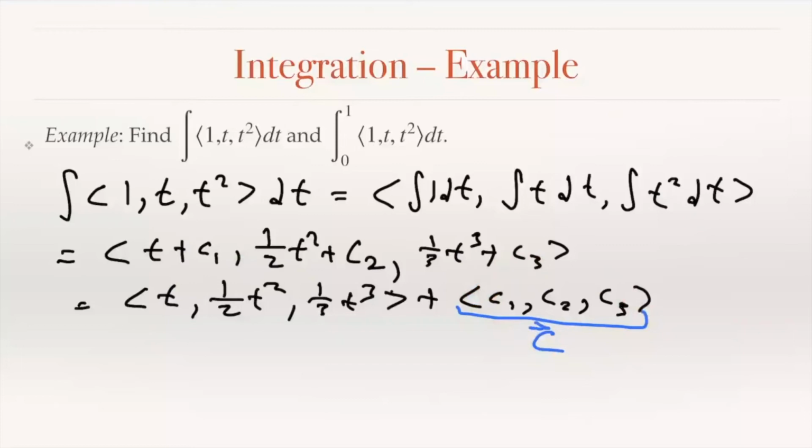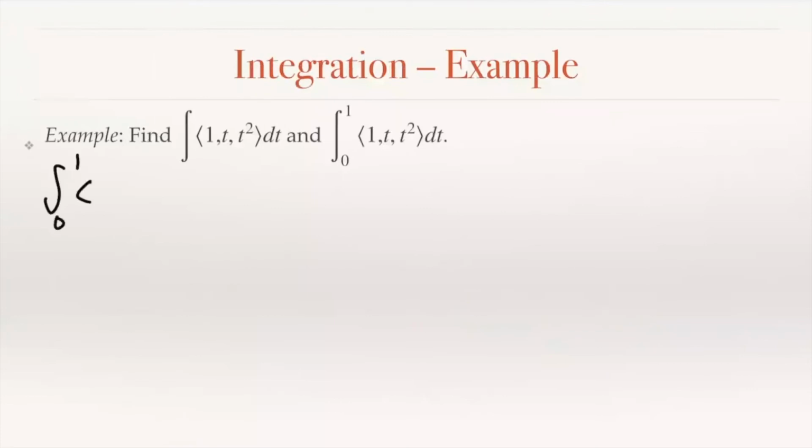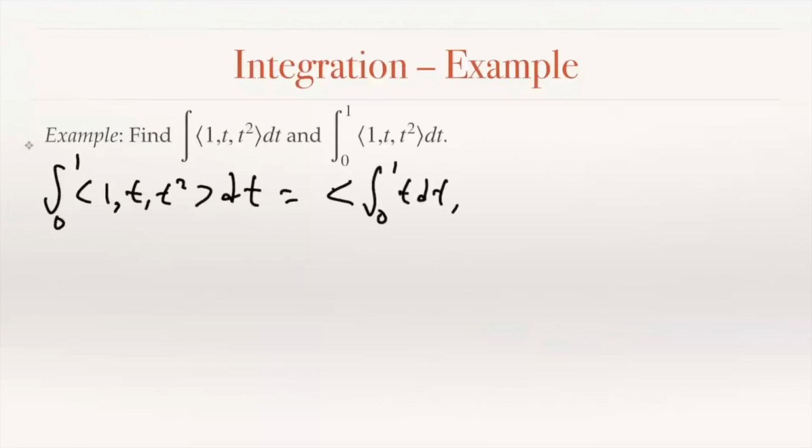Okay, and then the integral from 0 to 1 of this is the integral from 0 to 1 of 1 dt, the first component, integral from 0 to 1 of t dt, and 0 to 1 of t squared dt.